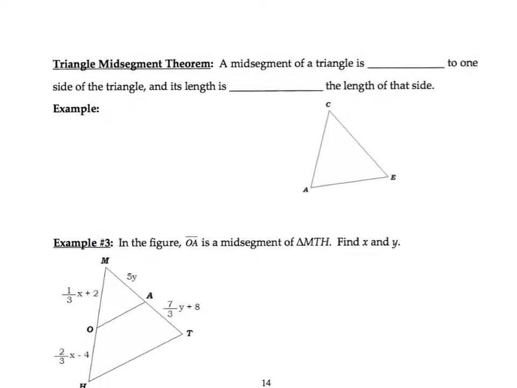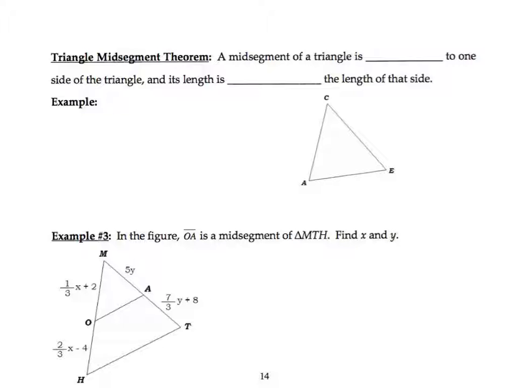We also have something called the triangle midsegment theorem. It states that a midsegment of a triangle is parallel to one side of the triangle, and its length is half the length of that side. So in our triangle ACE here, we are going to construct the midpoints of each side, label those B and D, and then connect those midpoints with a segment.